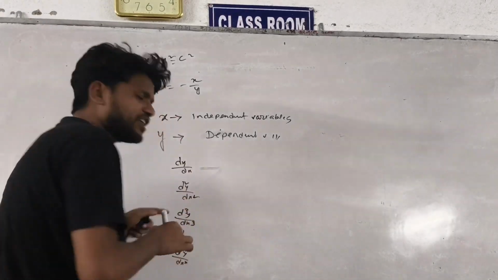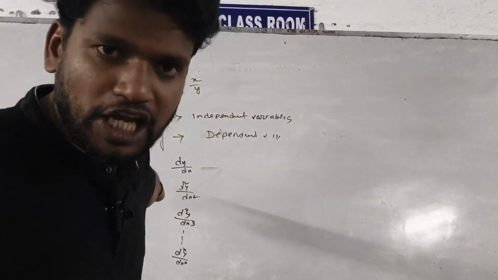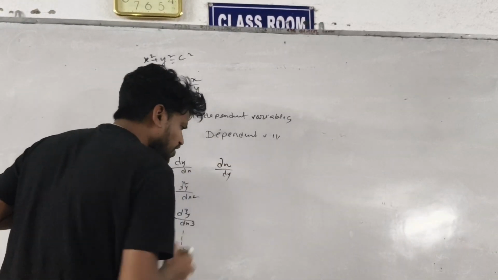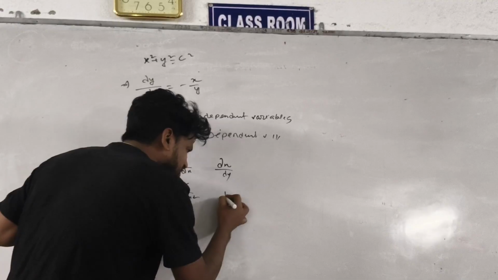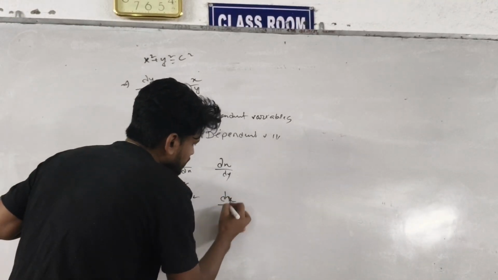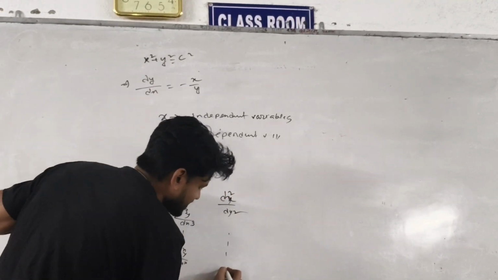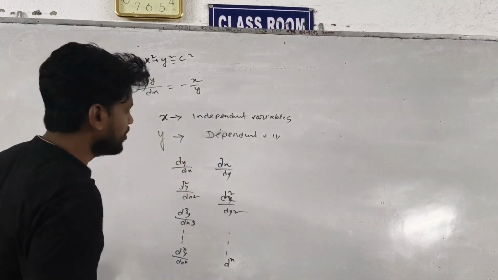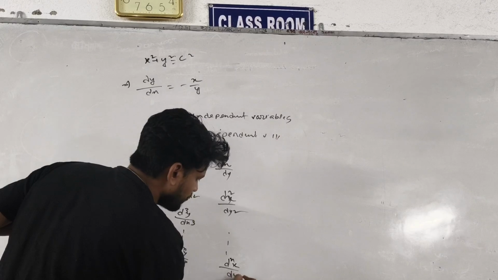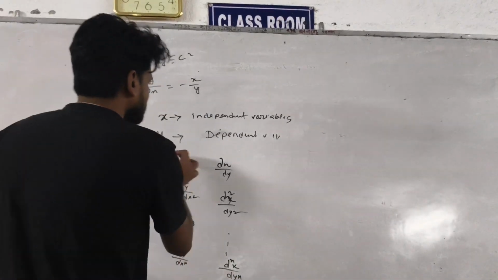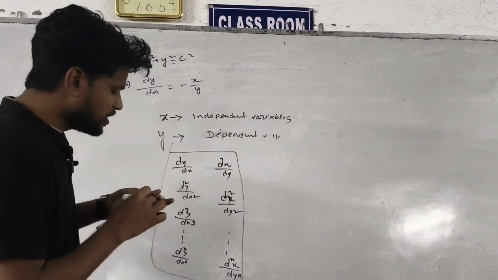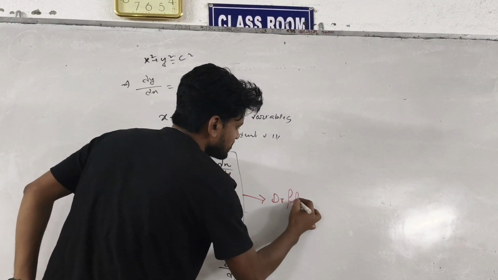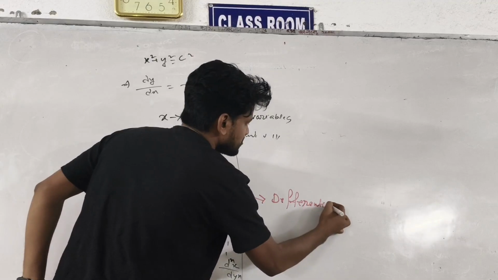Sometimes I write dy by dx, but why not write dx by dy? Obviously we can write dx by dy, d2x by dy2, and in this pattern the nth term is dnx by dy n. So what is this? This is actually a differential.